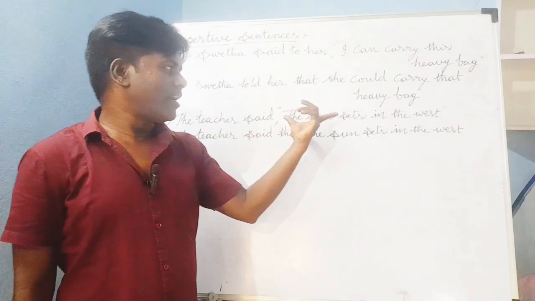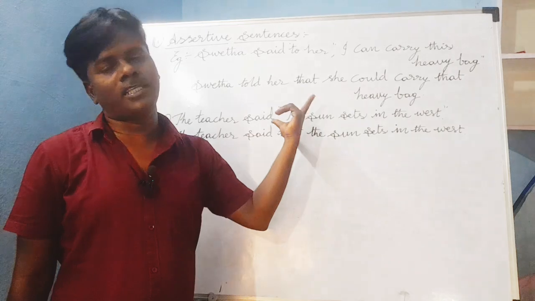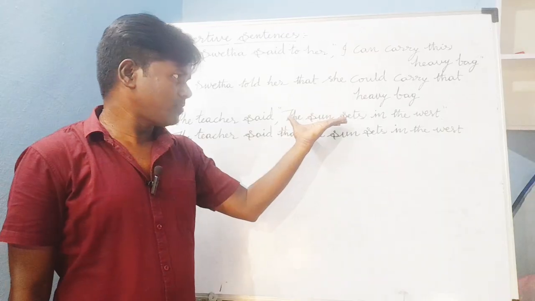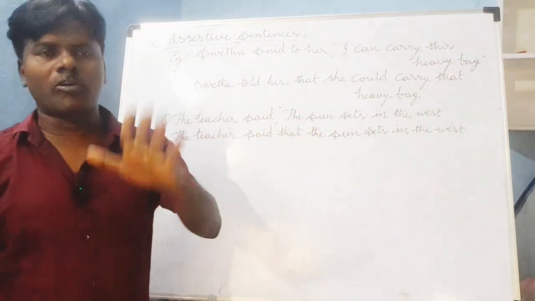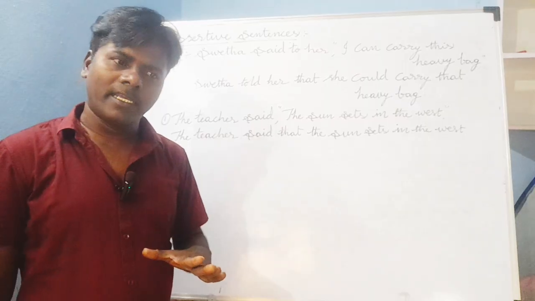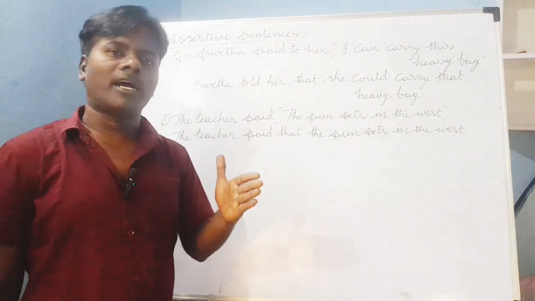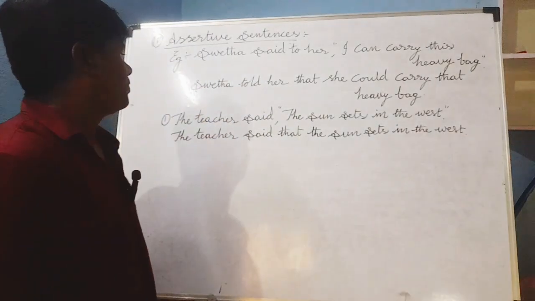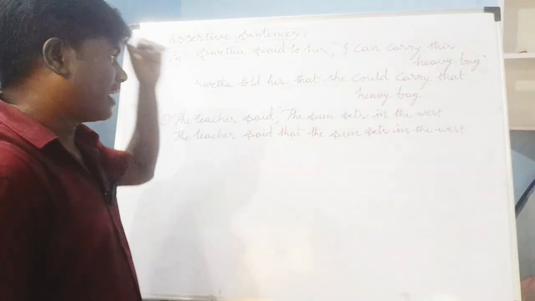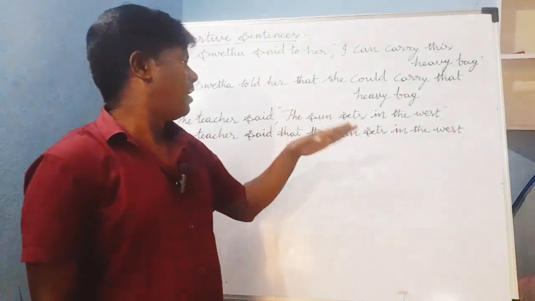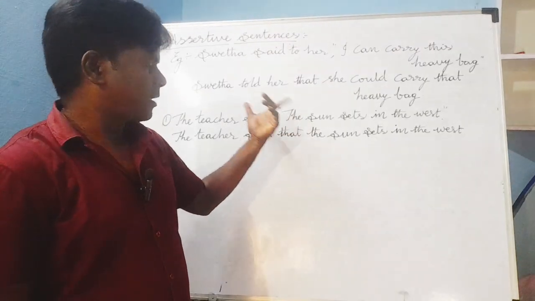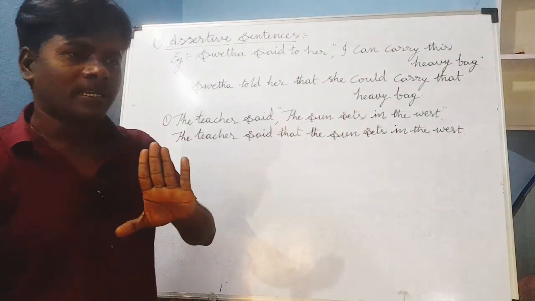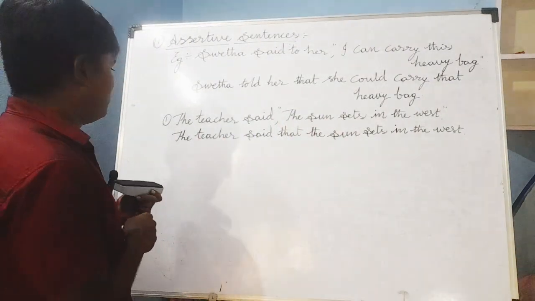So that's why we don't want to change the tense of this universal truth. The tense of the reported part need not be changed, and we should remember that well. Okay? Next.